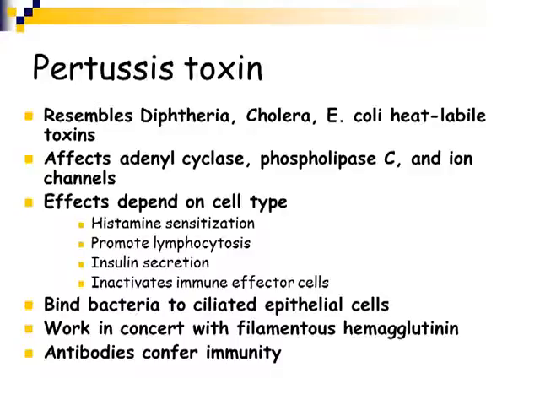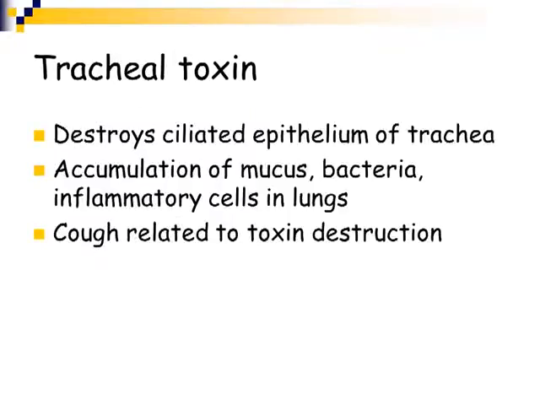So the toxin can generate histamine sensitization, promote lymphocytosis, insulin secretion, and can inactivate immune effector cells. The toxin can also bind the bacteria to the ciliated epithelial cells along with the FHA that we just talked about, and antibodies against pertussis toxin do confer immunity to the individual.